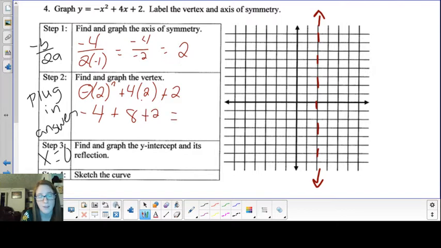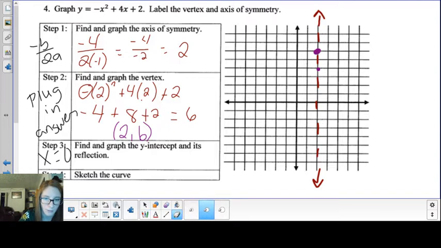Negative 4 plus 8 is 4, plus 2 more is 6. So I have the point at 2, up 6. 1, 2, 3, 4, 5, 6. Sorry, I prematurely put that little dot there. I was counting.